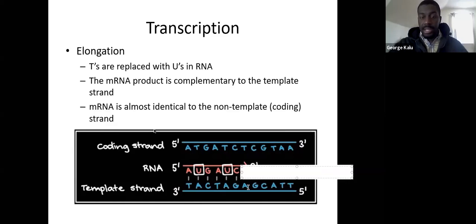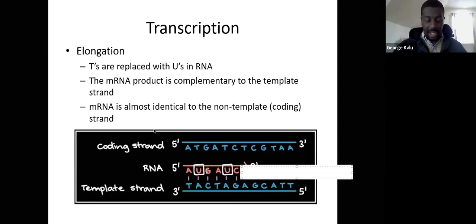So here we have our A. So what would its complementary base here be? What should we have? Not a T, because again, we're looking at RNA. RNA does not have any T's and we replace them with what? A U, exactly. So we're going to have a U here.